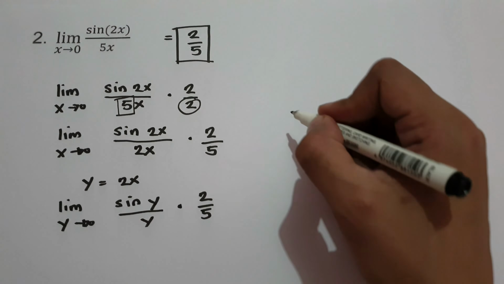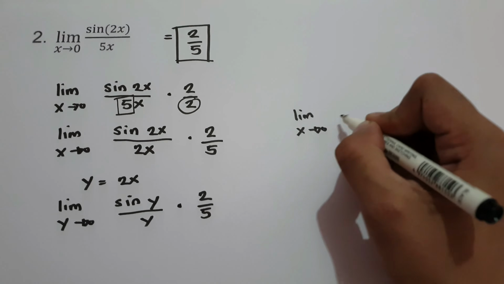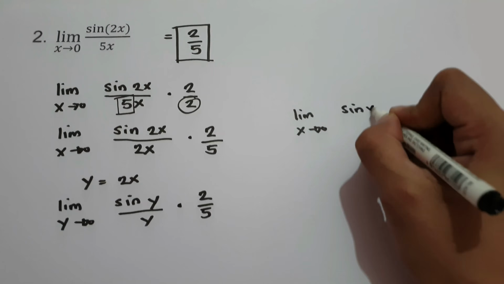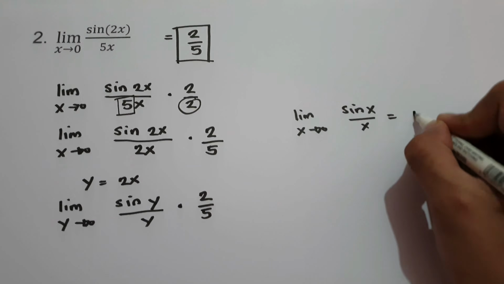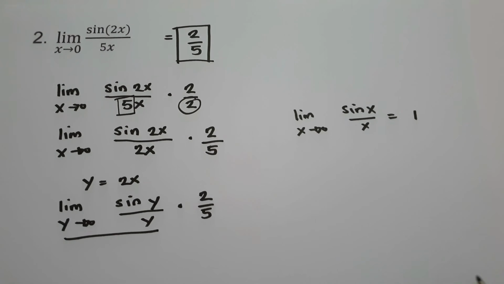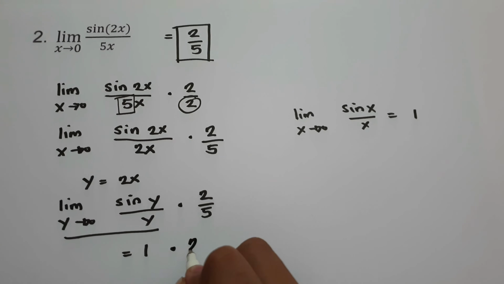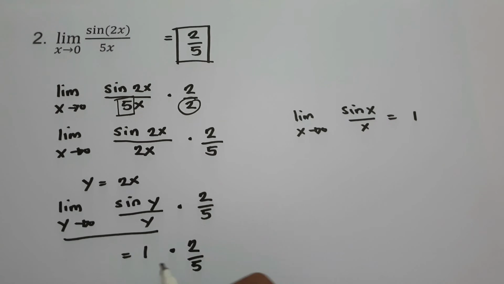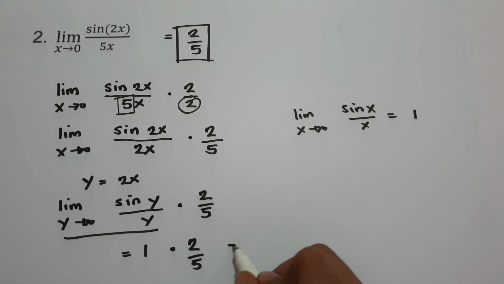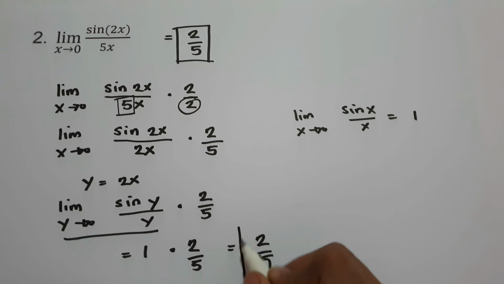And we all know that the limit as x approaches 0 of sine x over x is 1. Therefore, this expression is equal to 1 times 2 over 5, and 1 times 2 over 5 is 2 over 5. And this will be our answer.